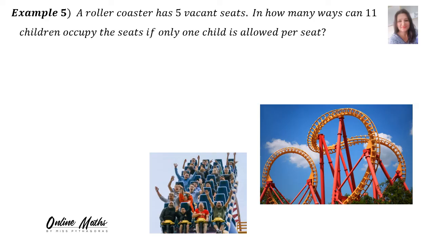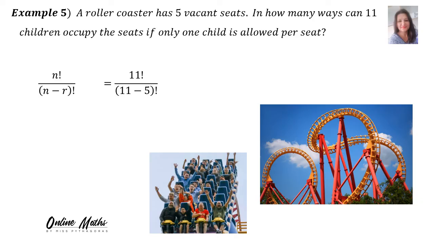Example 5. A roller coaster has 5 vacant seats. In how many ways can 11 children occupy the seats if only 1 child is allowed per seat? So I think by now you understand. Using our little formula, n factorial divided by (n minus r) factorial.